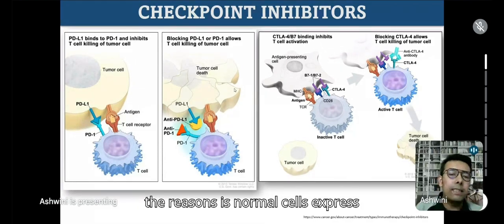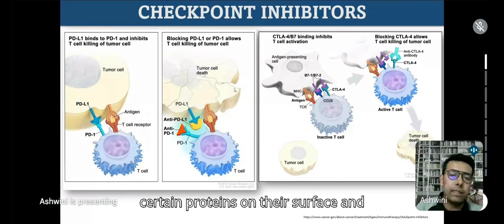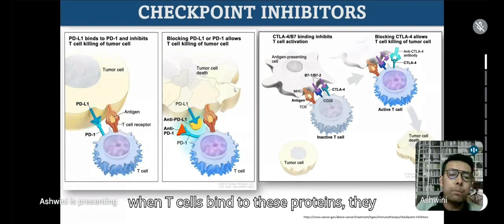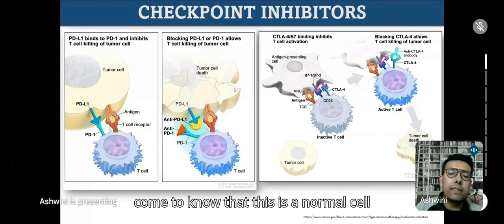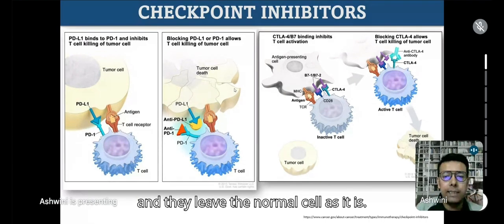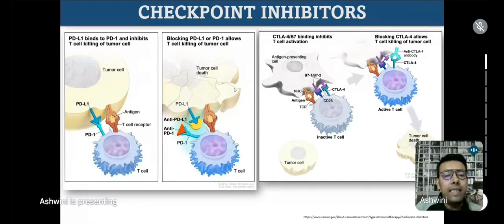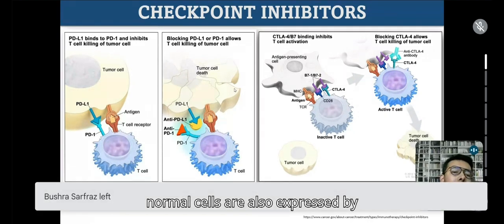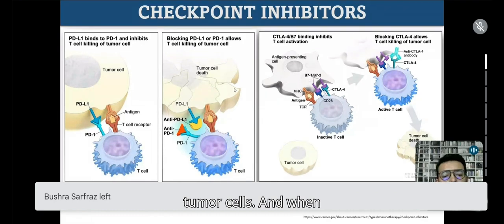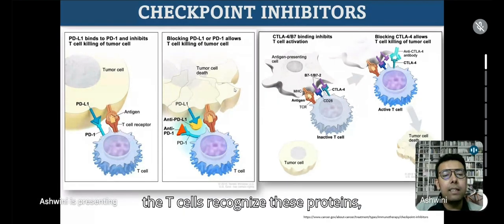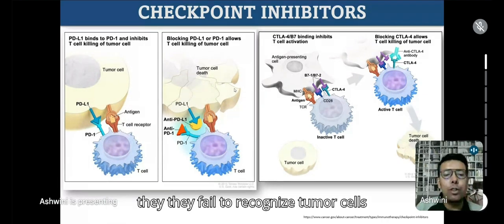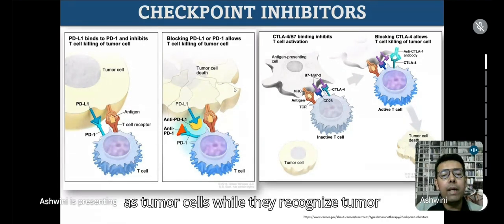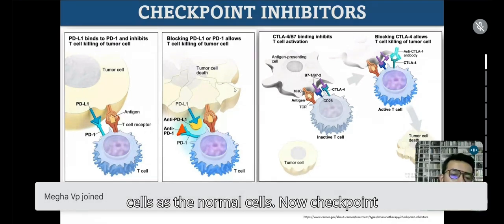One reason is that normal cells express certain proteins on their surface, and when T cells bind to these proteins, they come to know that this is a normal cell and leave it as it is. These proteins expressed by normal cells are also expressed by tumor cells, and when the T cells recognize these proteins, they fail to recognize tumor cells as tumor cells and instead recognize them as normal cells.